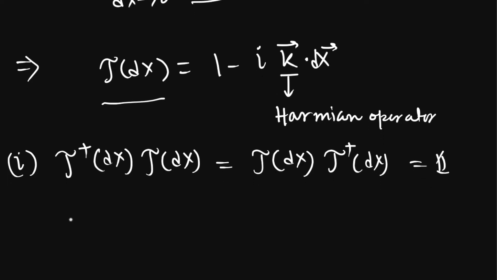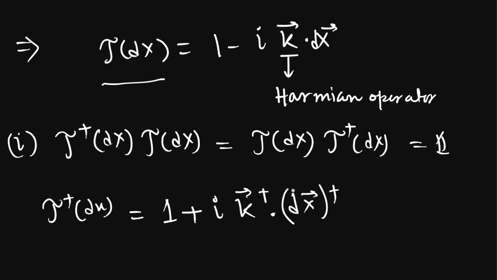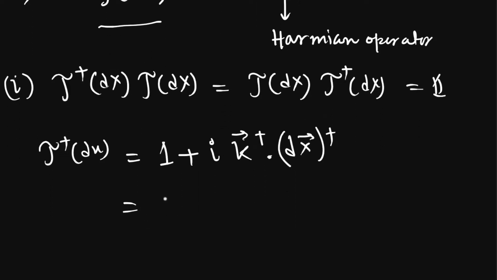Let us check it. Now tau dagger will be 1 plus i k dagger dot dx, dagger, which is nothing but 1 plus i k dot dx.